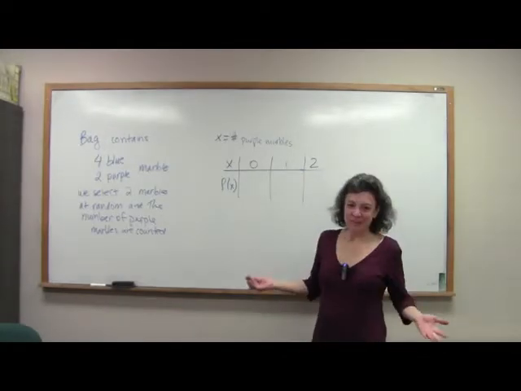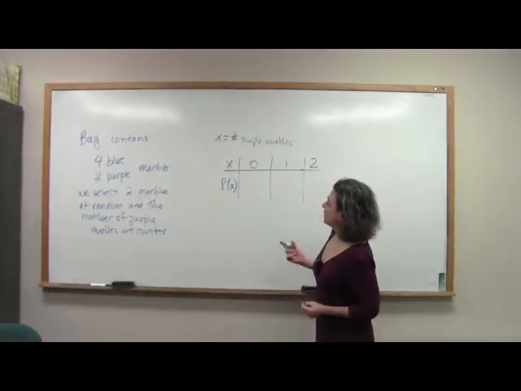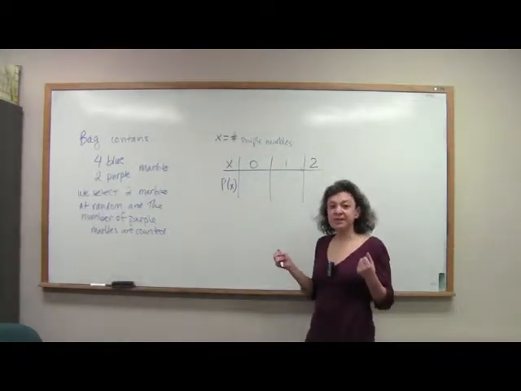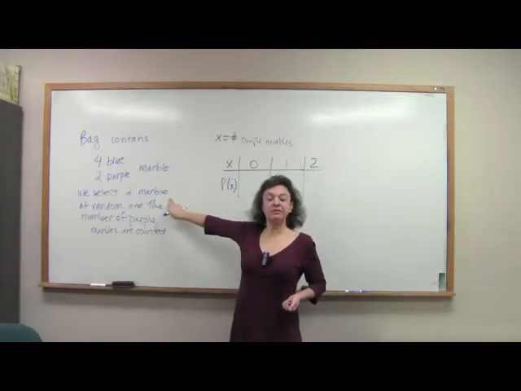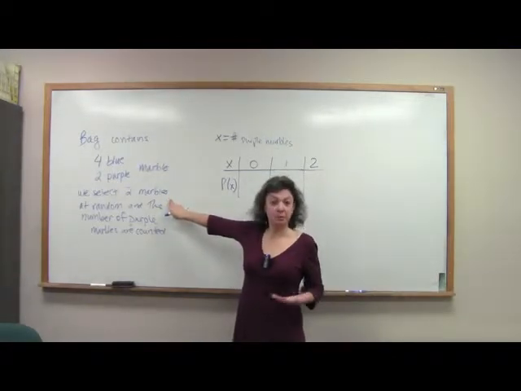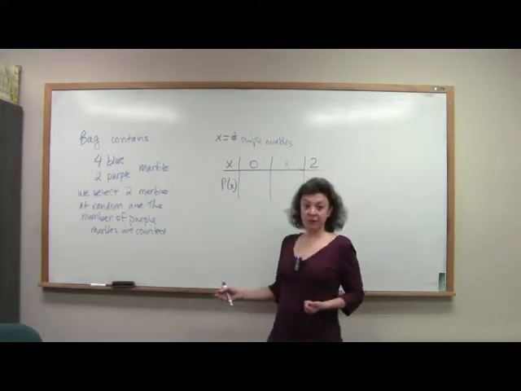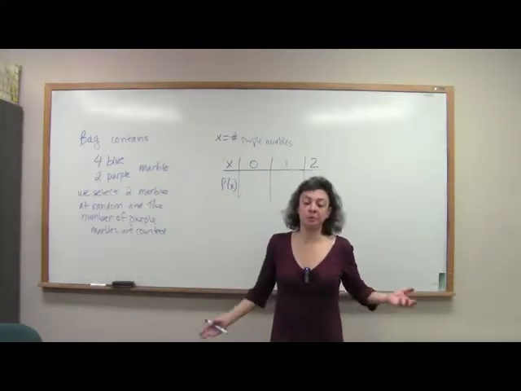And no, not all of these tables have 0, 1, or 2 possibilities. Now, why do we max out at 2 purple marbles? For 2 reasons, actually. One is because we're only selecting 2 marbles, so even if we were counting the number of blue marbles selected, we would max out at 2. The other reason is because we only have 2 purple marbles in our bag.